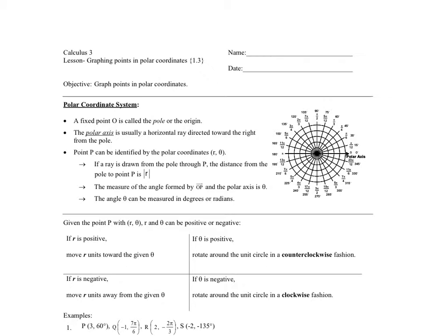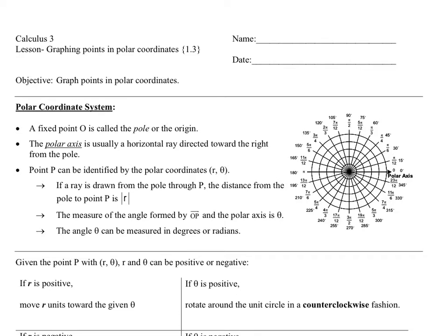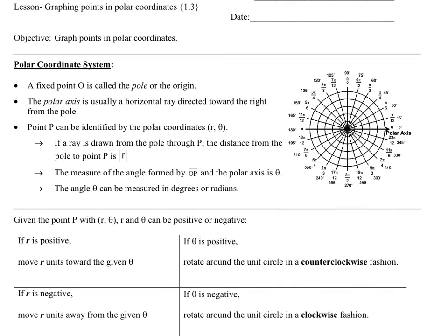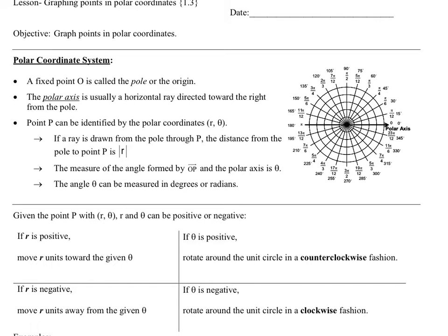But this very popular pre-calc topic, a recurring theme that may or may not have been taught, needs to get addressed. So I'll talk about the structure of a polar coordinate system. Fixed point O is called the pole or the origin. Most people go with the origin because they're familiar with that from the XY coordinate system.